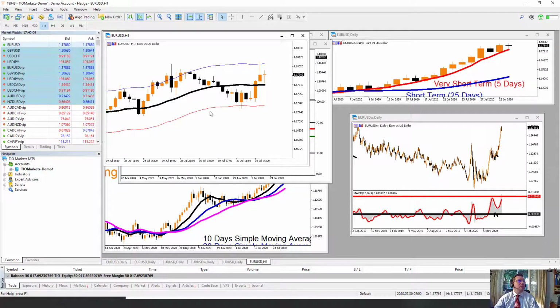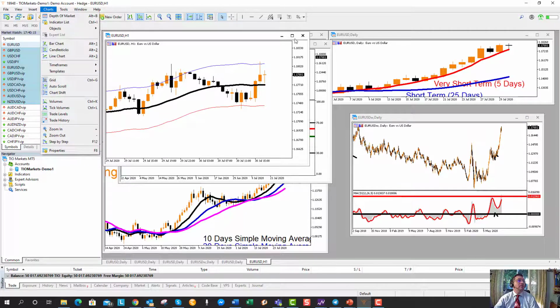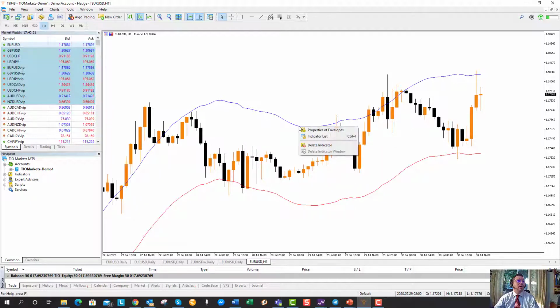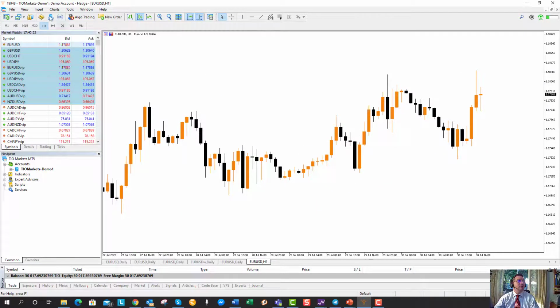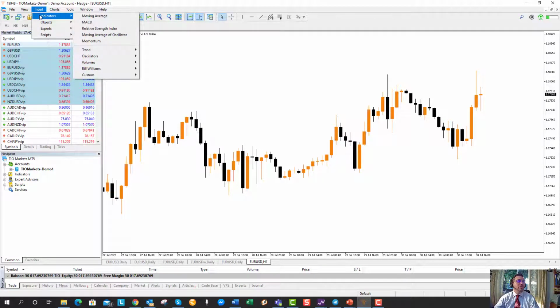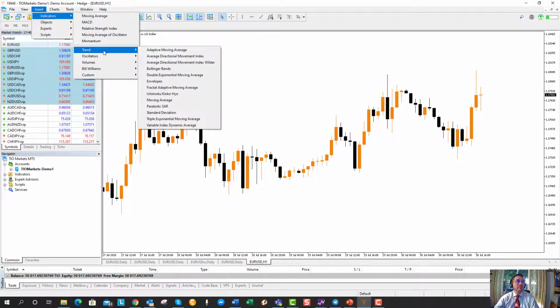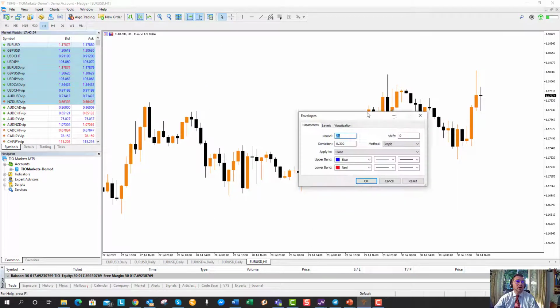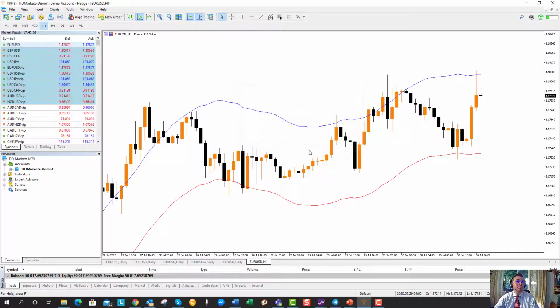So again, we can see it here. This is your MT4 platform, and let's remove this indicator here and let's add it to the chart. So once you're in your MT4, go to insert, indicators, trend, envelopes. That will bring up your window.